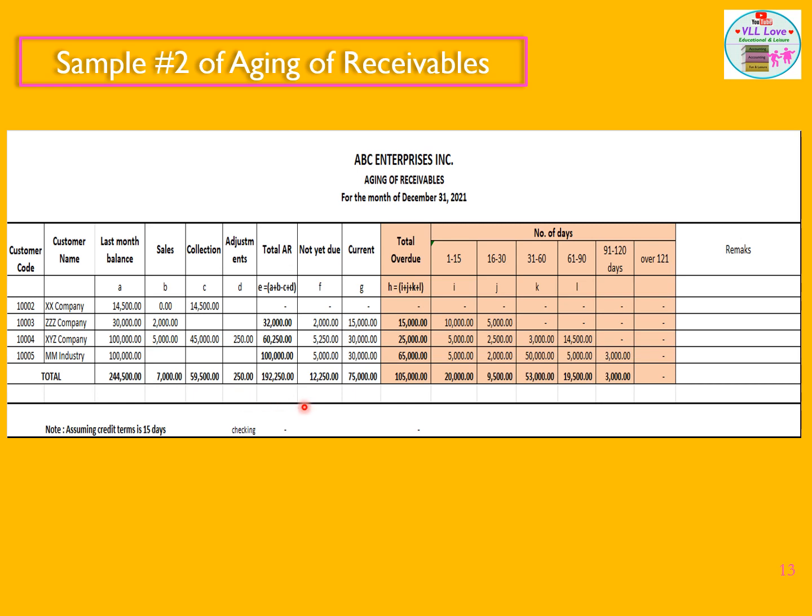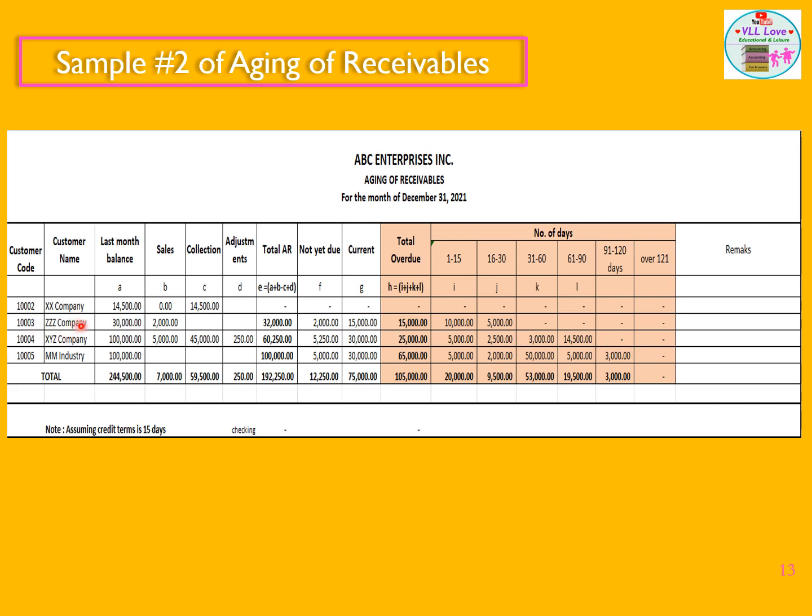Total AR can be categorized into not yet due and current, plus overdue accounts. The overdue accounts are composed of 1 to 15 days, 16 to 30 days, 31 to 60 days, 61 to 90 days, 91 to 120 days, and over 121 days.